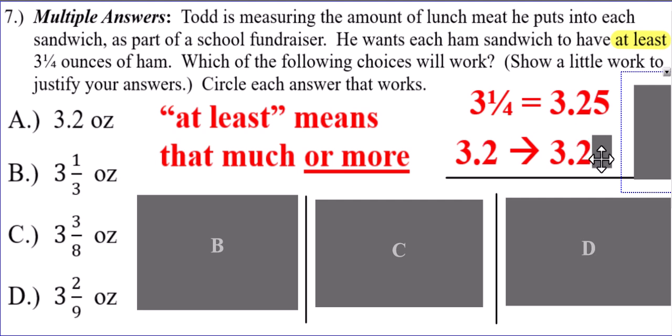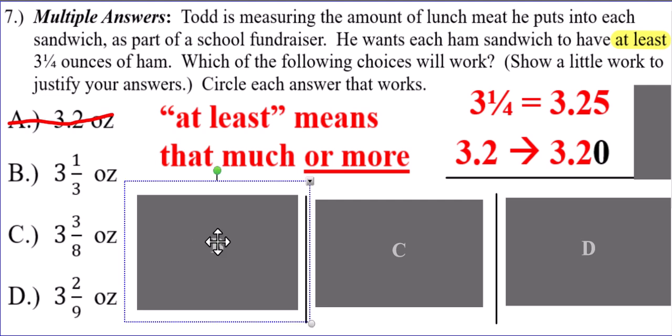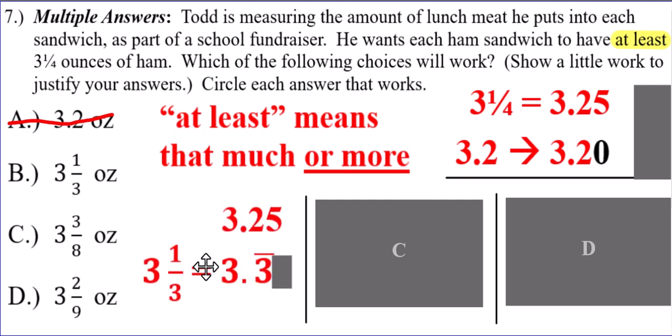Well, the easiest way to compare this is to go ahead and put a little 0 here so that way you can see 3.2 is smaller than 3.25. That's not going to be good enough because we want it to be that much or more. 3.2 is smaller. So goodbye, choice A. All right, the work for choice B. We know the 3 1/3 is 3.3 repeating if you looked it up on the page of common fractions and their decimal equivalents.